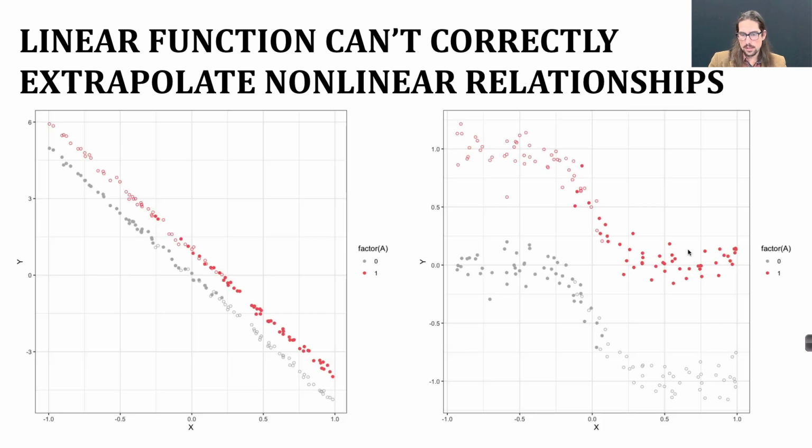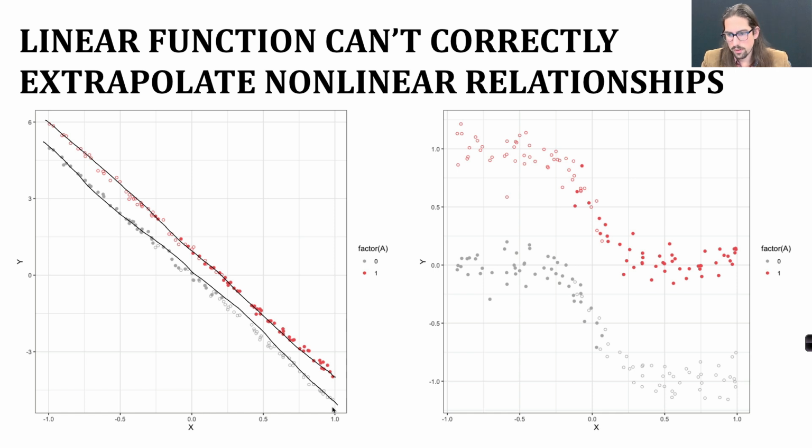So in this case, if I fit my regression model, I'm doing a pretty good job because it's a line. This linear fit is fitting the observed values well, but it's also fitting the unobserved values well. And same over here. If I fit this with a line, I'm doing well.